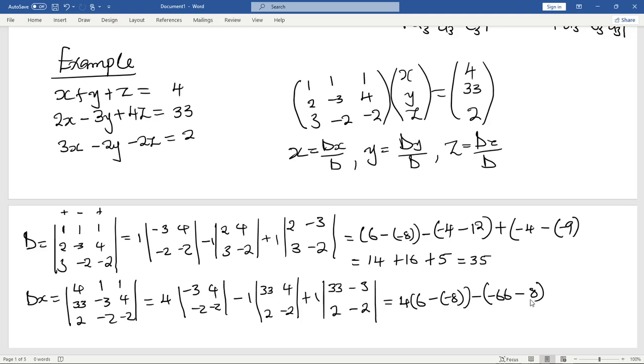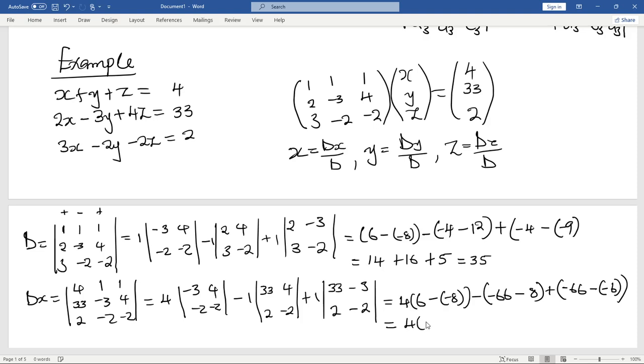Then here we add again, so plus 33 by negative 2, we're going to get negative 66, minus negative 3 by 2, we're going to get negative 6 here. We close the side.